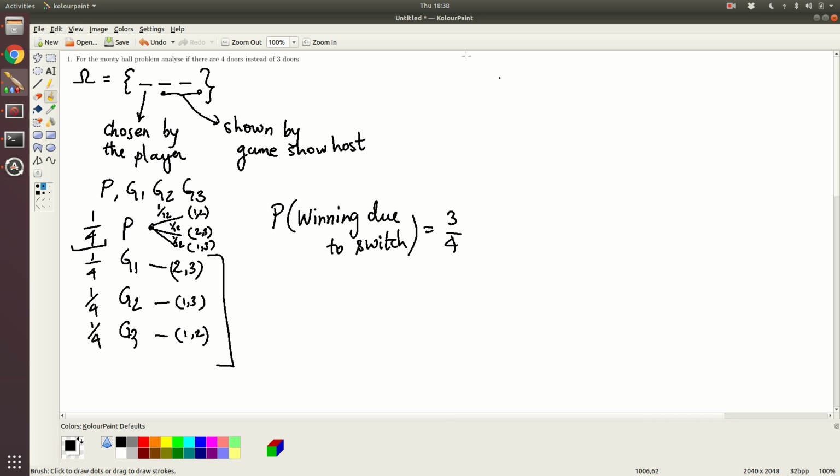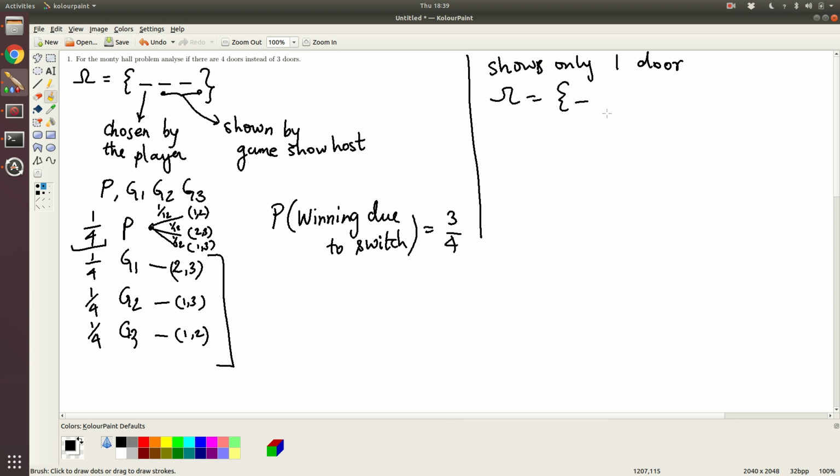So let's look at the other case. In the other case, the game show host shows only one door instead of two doors. Now, the same thing: omega will have two components.